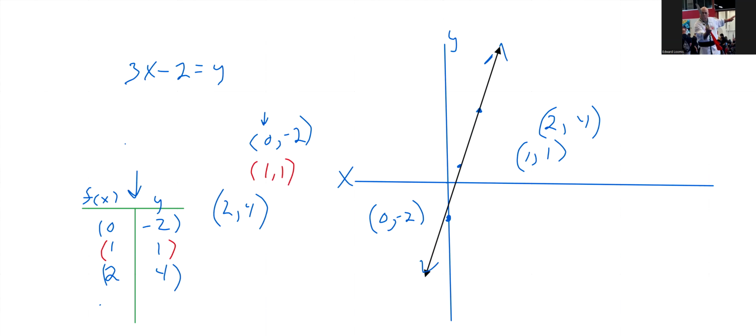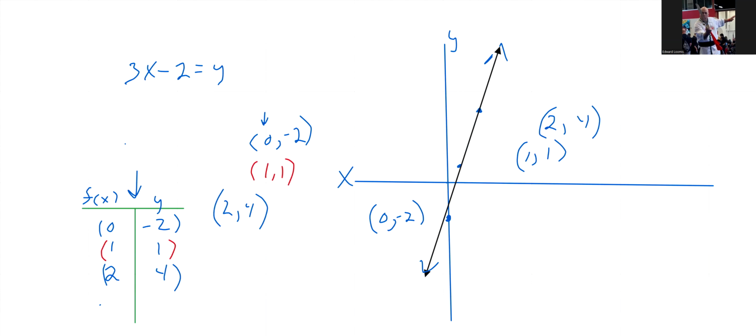Now, the slope of the line is how far does it go over and how far does it go up? Or we could do it the other way. We'll do what's called the rise over the run.